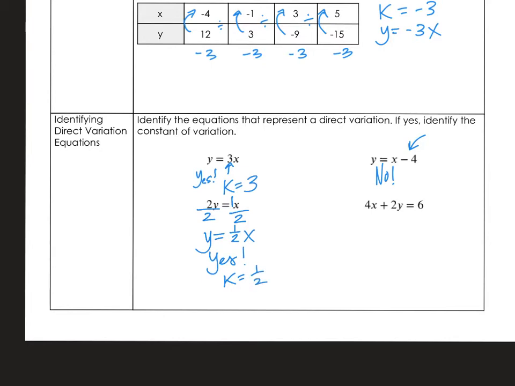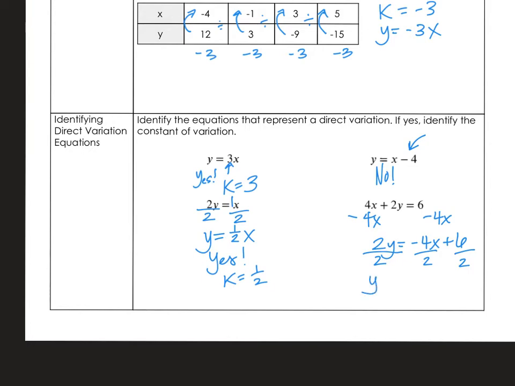Okay, now let's look at the one to the right. We need to move a few things around, get y by itself, and then see if it's direct variation. So the first thing we would do is subtract 4x on both sides. So we'd have 2y equals negative 4x plus 6. Then we would divide by 2, and we would do that to everything on the right-hand side.